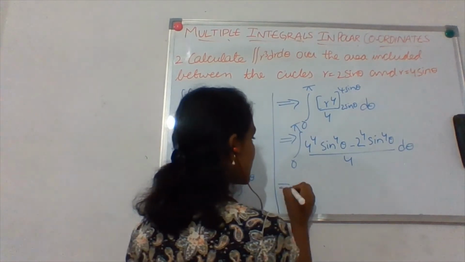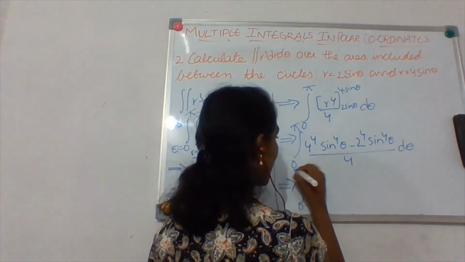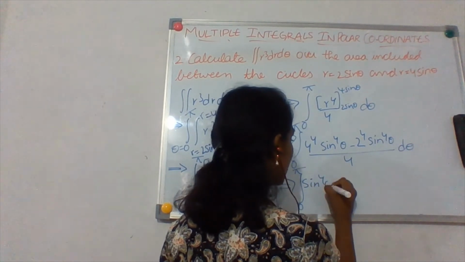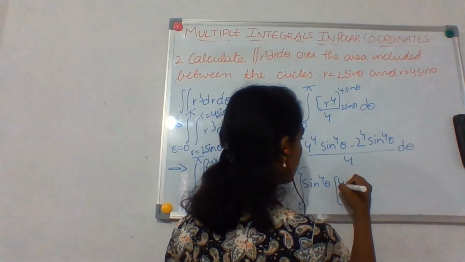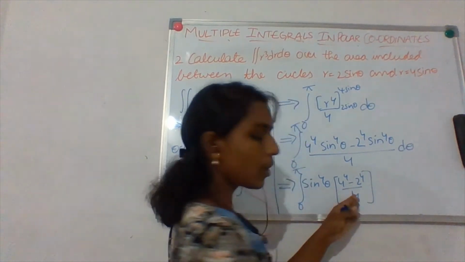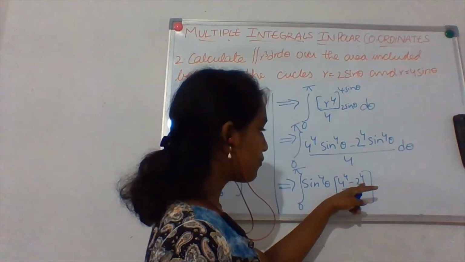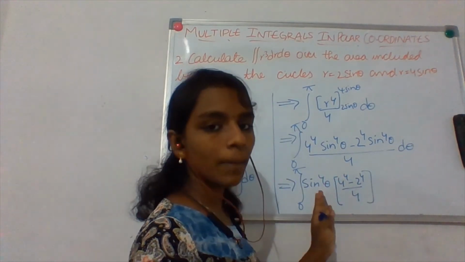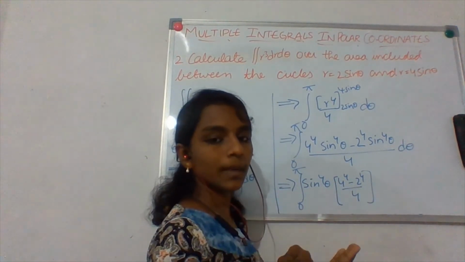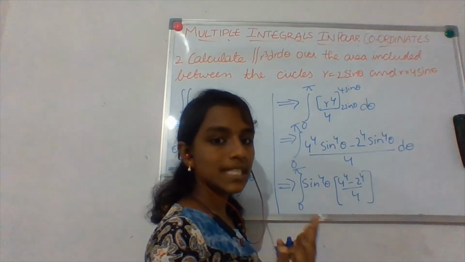Okay, so this implies you get 0 to pi. You have to take sin power 4 theta as common, and you get (4 power 4 minus 2 power 4) by 4. This would be some constant, right? So from this, if I take 4 as common, here it will remain 4 cube. What is 4 cube? 64.